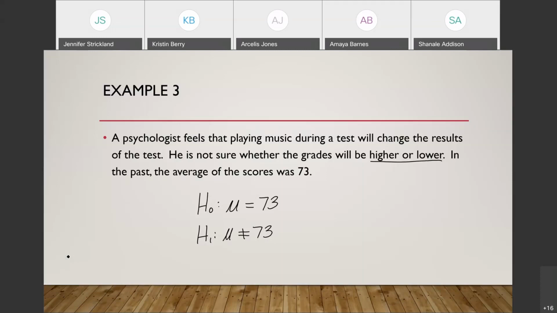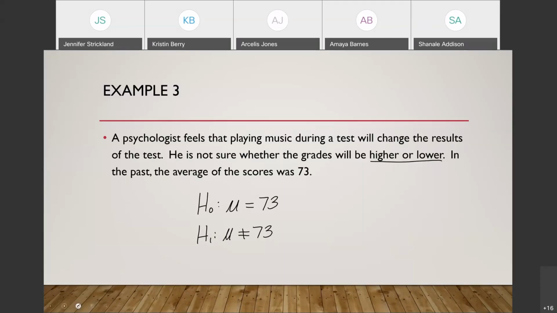The H0 has always got an equal to in it, regardless of what the problem looks like. And then the H1 has either a less than, or greater than, or not equal to. Those are the three options that you can have. All right, anybody have a question? Okay, so that's step one, to get those two statements written.